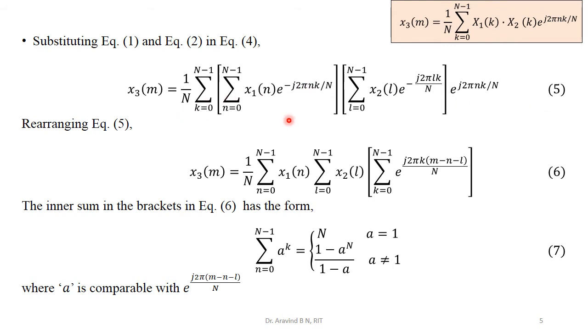Now among so many summations and terminologies, we can make a proper rearrangement so that it looks easier for further solution. Rearranging this complete representation, we have x3 of m equal to 1 by N. This is a scaling factor 1 by N, so we are not going to disturb it; it will be kept here as it is.